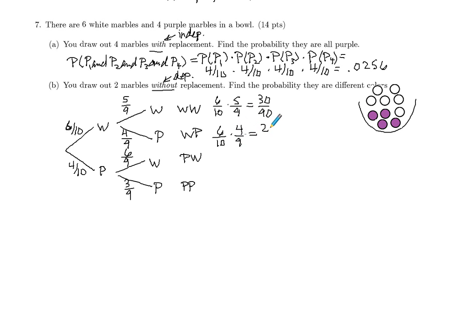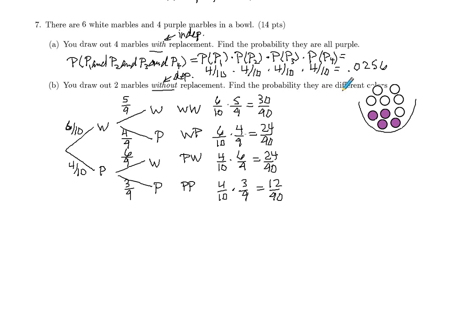So 24 out of 90. 4/10 times 6/9. 24 out of 90. Or 4/10 times 3/9. 12 out of 90. So there's all our probabilities and all outcomes.